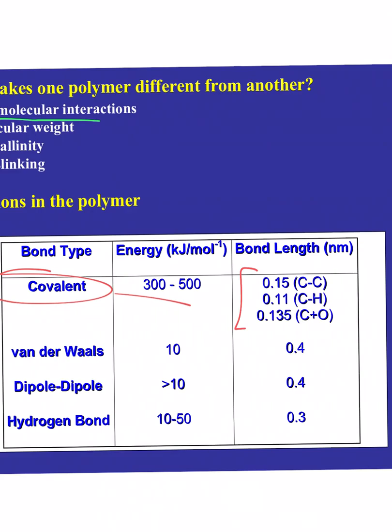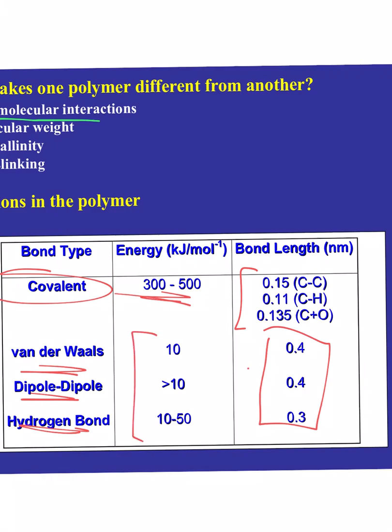And then we look at van der Waals bonds, dipole-dipole, and hydrogen bonds. You can see how these are 2 or 3 times that of the covalent bonds. Of course, the covalent bonds are much stronger bonds, higher energy. These are relatively weak bonds and have longer distances, but not a lot longer. These are all really short-range bonds.